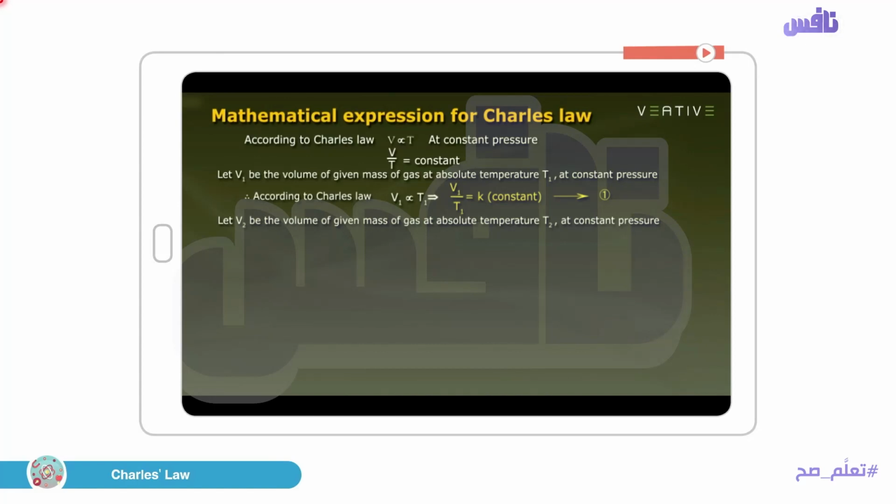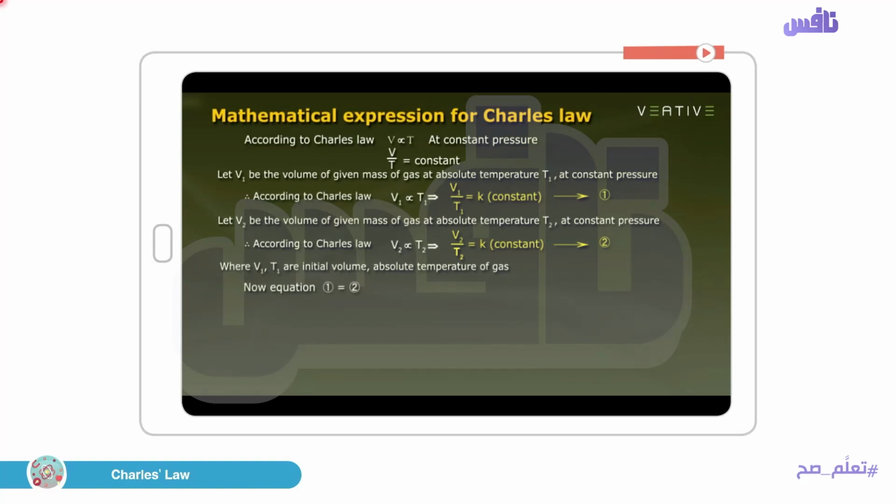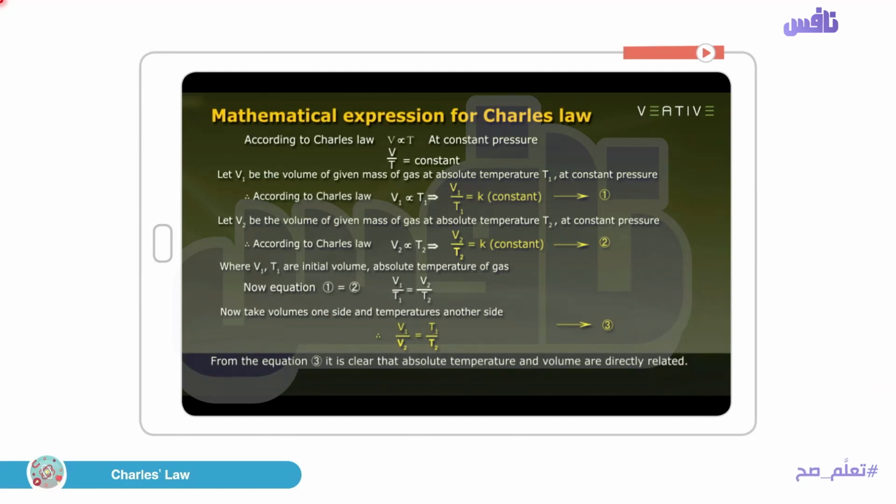So, from equation 1 and 2, we can say equation number 2. So, my friends, we can say that V1 over T1, as you will see now, equals V2 over T2. Of course, my friends, we can also say V1 over V2 equals T1 over T2.